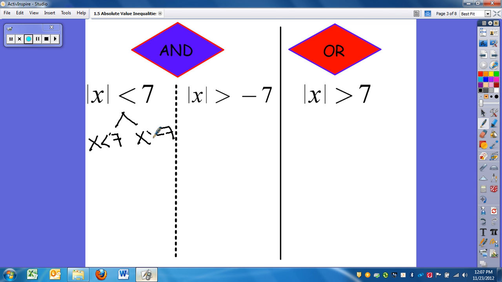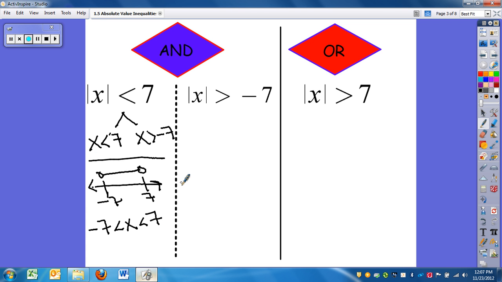So instead of less than, it's greater than. So if I would graph this, we would have our 2 values, 7 and negative 7. They both have an open circle, and since I'm on greater than negative 7 and less than 7, they would go in between, which is our and inequality. So I can write, and you will have to write your final answer, as a compound and inequality. So the bottom is what you would have as your final answer.